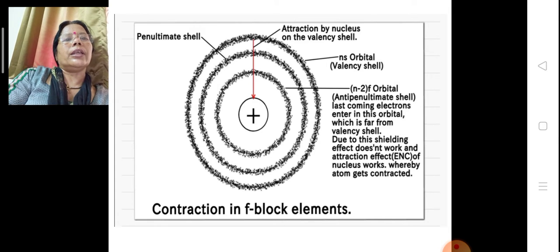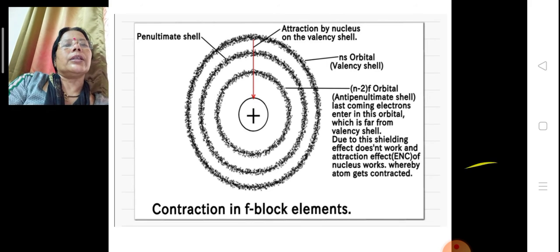Due to this, the shielding effect doesn't work and the attraction of the nucleus works, whereby the atom gets contracted. The outermost shell is pulled more towards the nucleus as the electron enters the antipenultimate shell, and this contraction happens as the atomic number increases.